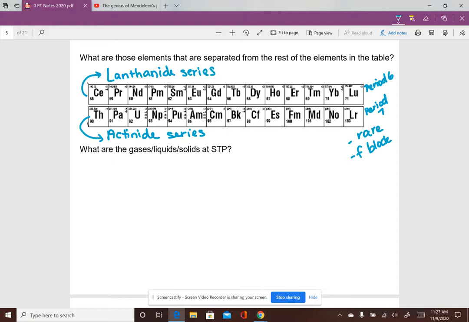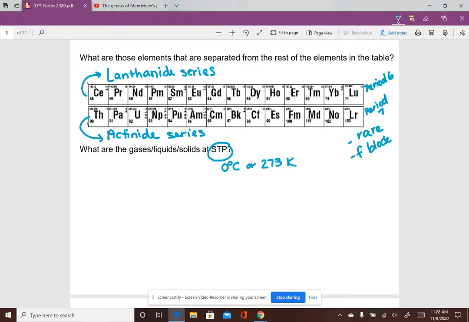Finally, guys, you do need to know the phases of the different elements at STP. And STP is standard temperature and pressure. And for the sake of putting a number on this, 0 degrees Celsius or 273 Kelvin is standard temperature. So it's not room temperature. It's actually 0 degrees Celsius.